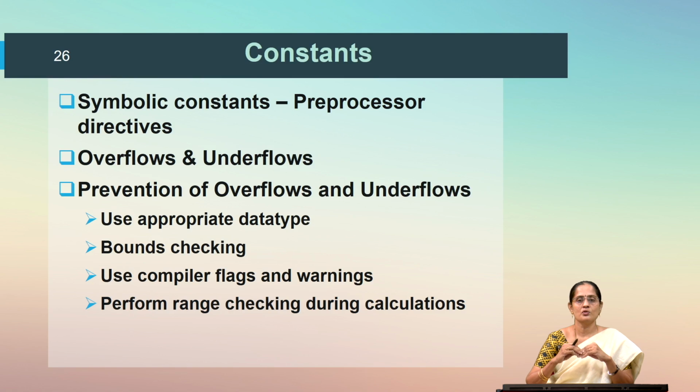The various ways to prevent overflow or underflow are to use appropriate data types, go for bounds checking, and then we can use compiler flags or range checking calculations. So, this is how we will be able to avoid or prevent overflow or underflow situations while declaring or handling the data through variable declaration and data type declaration.